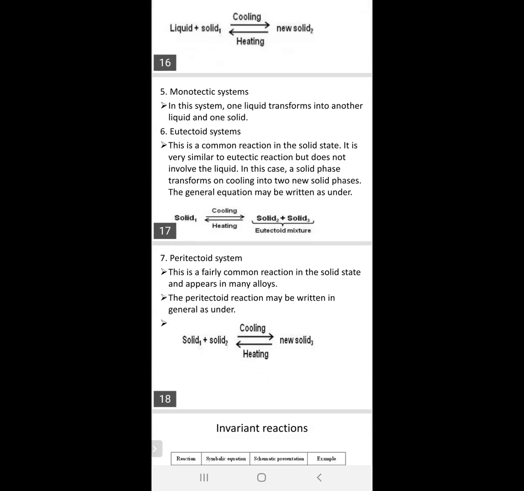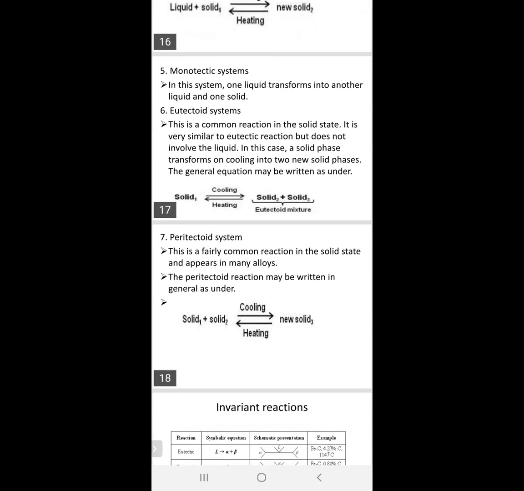It is very similar to the eutectic reaction, but does not involve the liquid. In this case, a solid phase transforms on cooling into two new solid phases. The general equation may be written as solid 1 gives, on cooling, solid 2 plus solid 3.